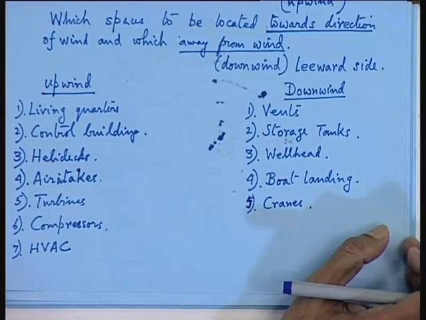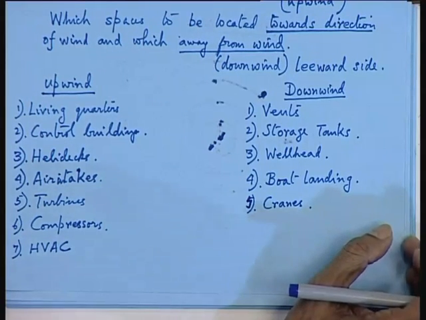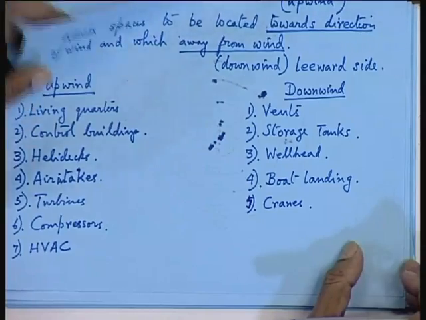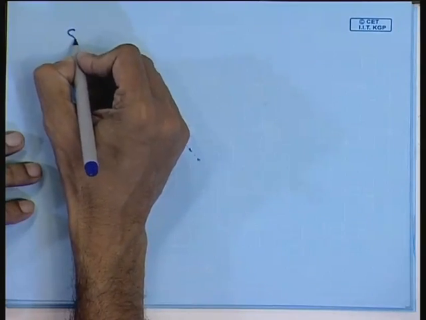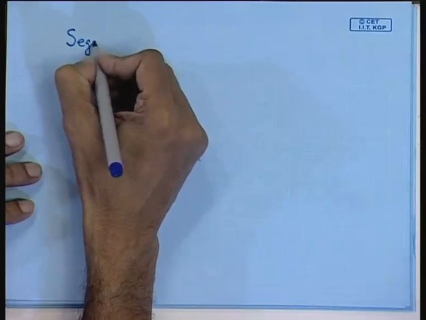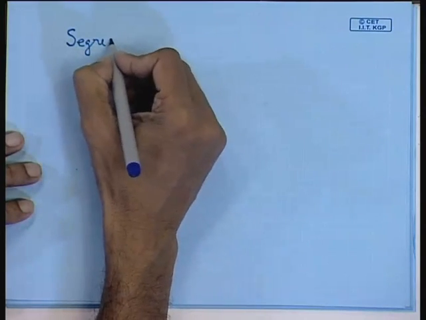Now after this, these are some of the segregation of spaces that are to be remembered. Now after you have done the segregation of spaces, next what are you going to do? So this is your first job.